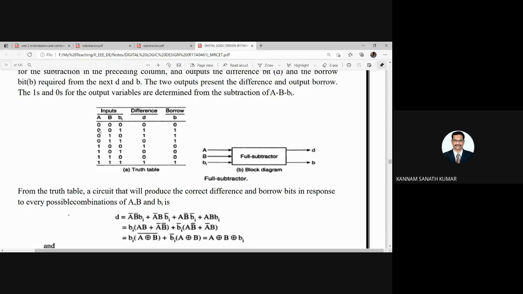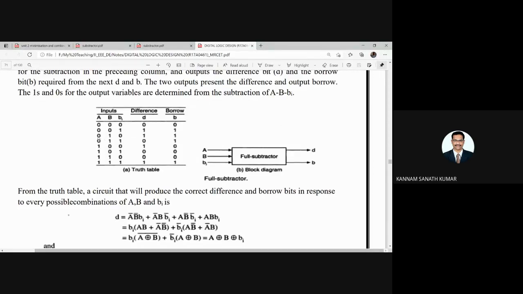And the second, 0 minus 0 is 0, and 0 minus 1 gives difference 1, and borrow is also 1. Why? Because you are subtracting the larger value from the smaller value. So 0 minus 1 means you should get the borrow.